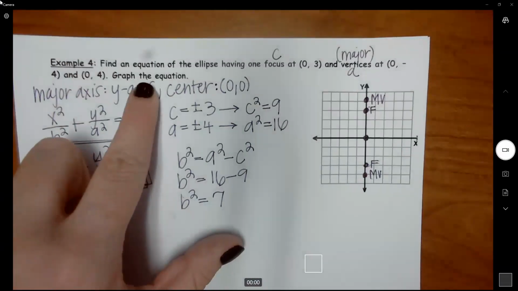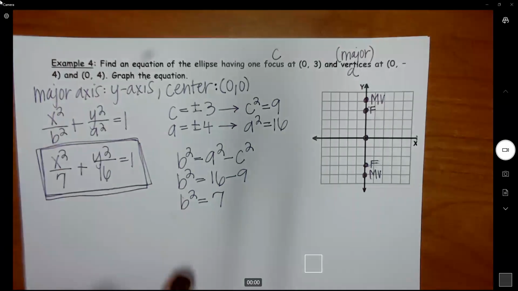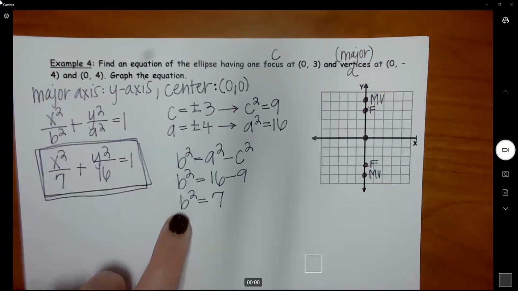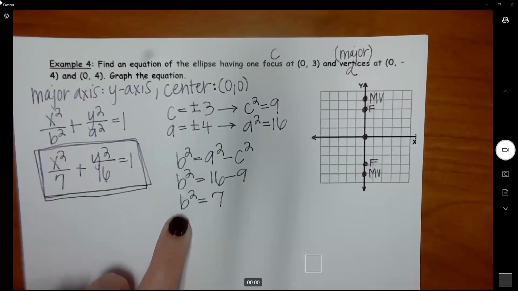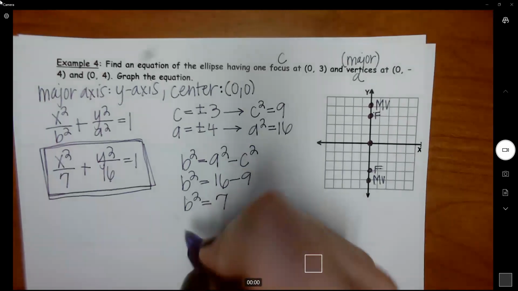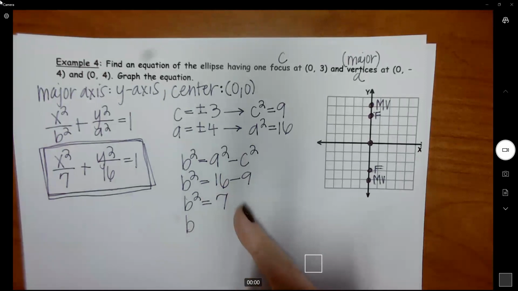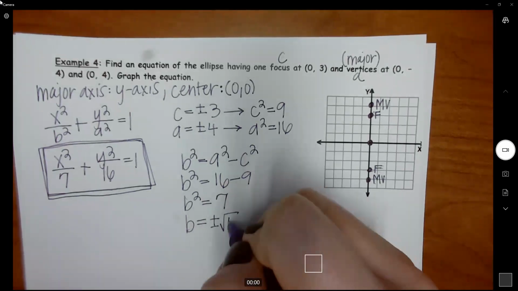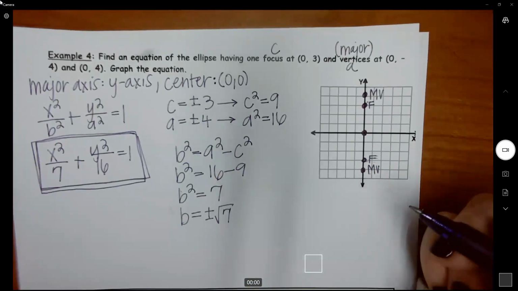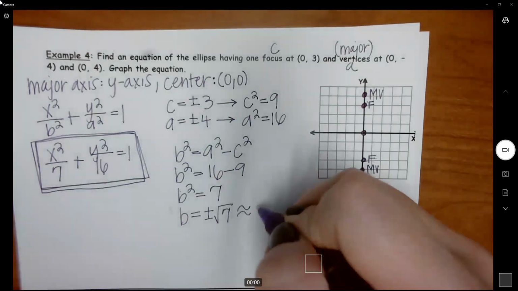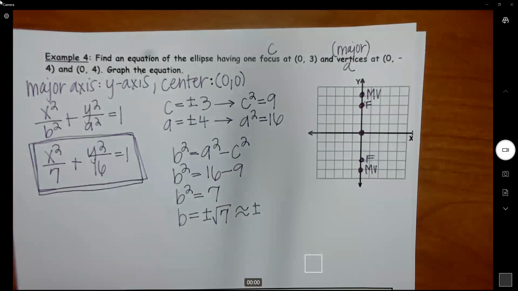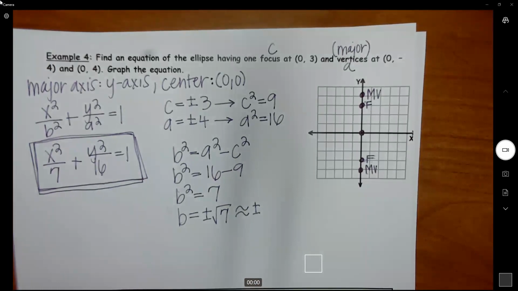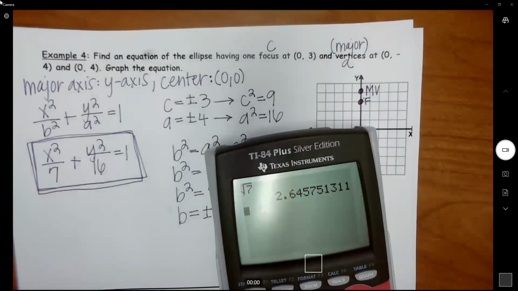So now to finish graphing the equation, I need to put my minor vertice. I can't say minor very well. My minor vertice on my graph. So if b squared is 7, then b is plus or minus the square root of 7. That can't be simplified, but I do need to get a decimal equivalent here. And the square root of 7 is about 2.6.